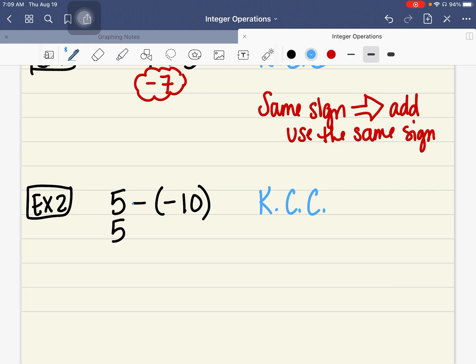We're going to take this minus sign and change it to a plus sign. And then we're going to take this -10 and change the sign of it. So it's not a -10 anymore, it's a +10. And our new problem becomes 5 plus 10. 5 plus 10 is 15. That's our answer.